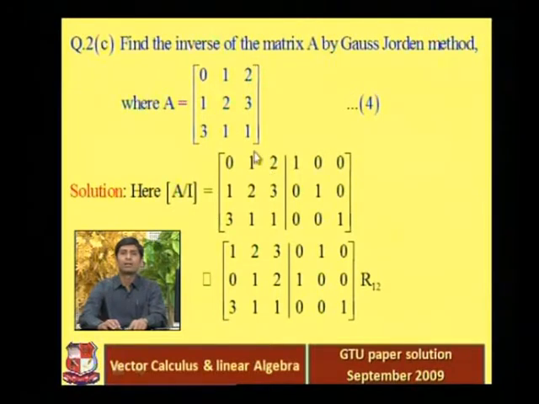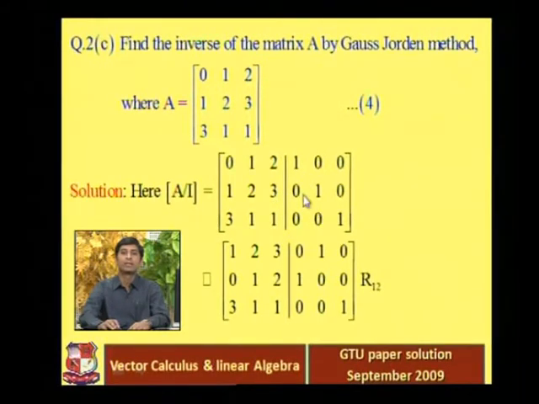When we try to find the inverse of a 3 cross 3 matrix using the Gauss-Jordan method, this is our process: we write down two matrices side by side, the first matrix is the given matrix A and the second matrix is the identity matrix.